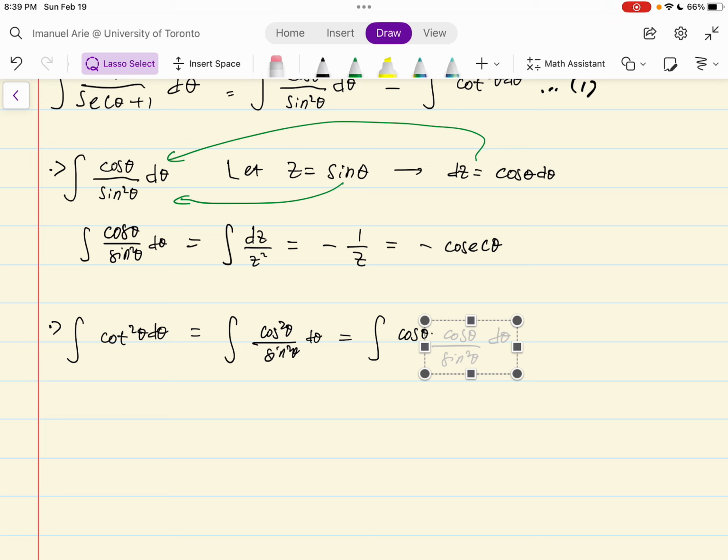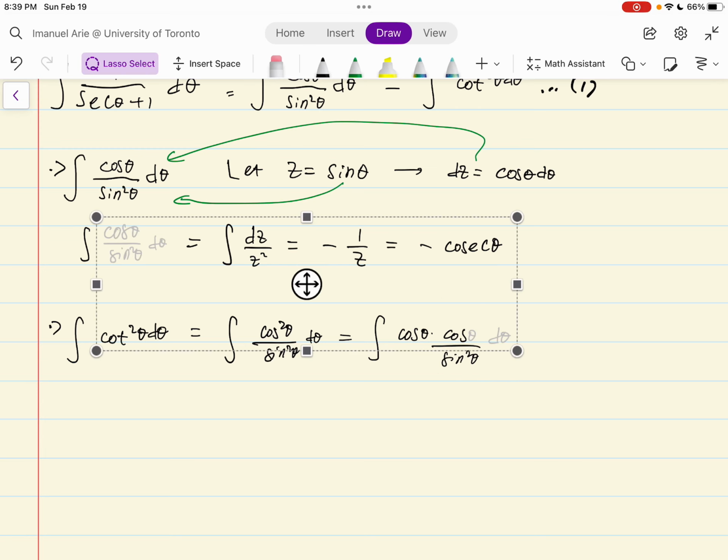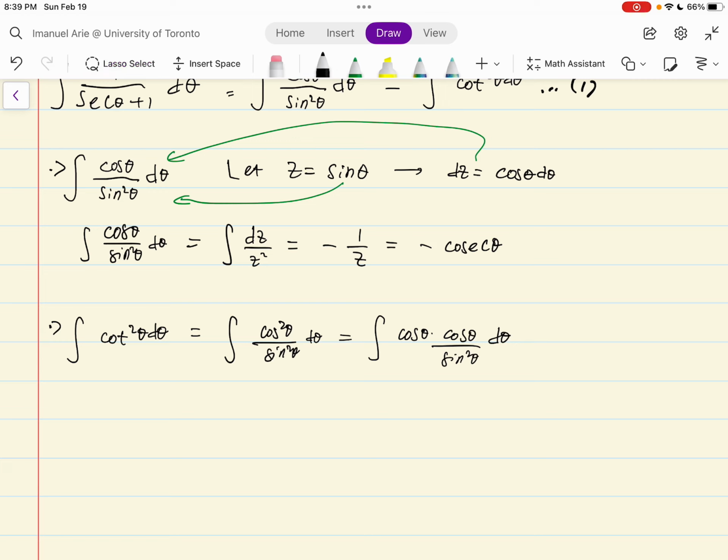This term really looks like this, right? So this seems to suggest using integration by parts. So let's do that.